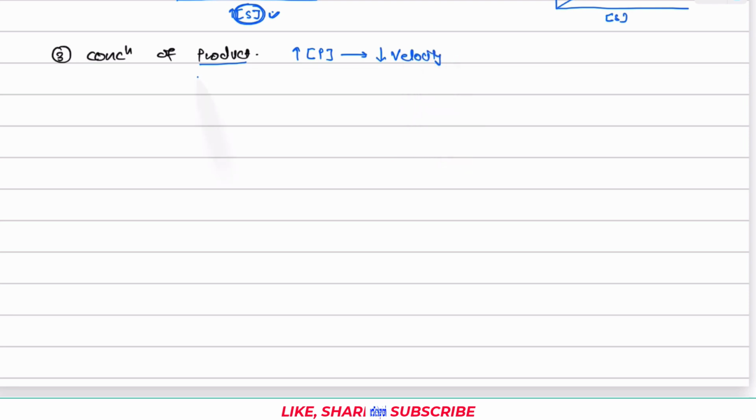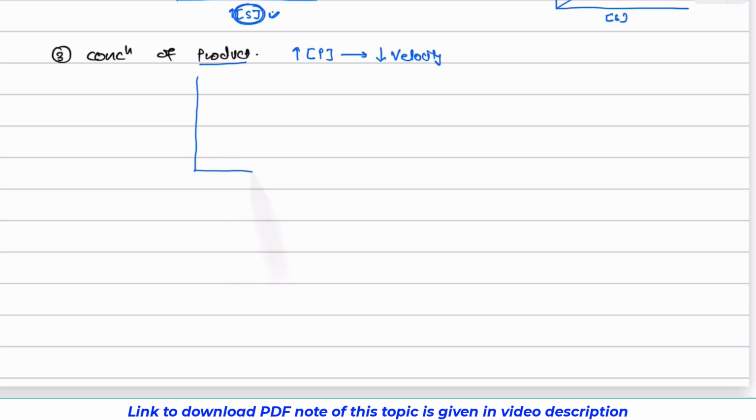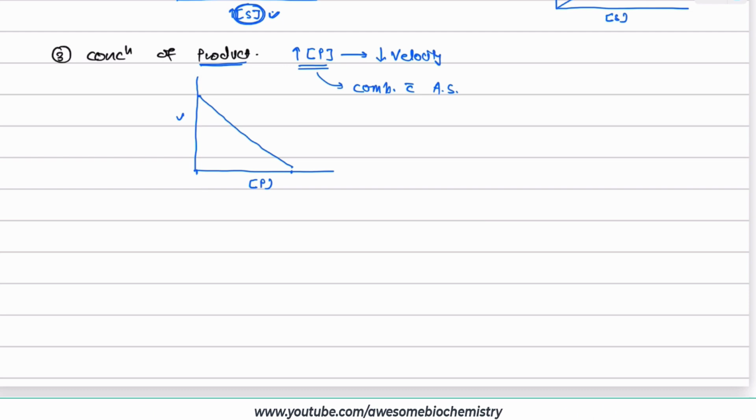If we draw a graph of velocity versus product concentration, then when product concentration is 0, velocity will be the maximum, and when product concentration is high, velocity will be almost near 0. So we show such a graph for concentration of product. Why is it happening? Because when the concentration of product increases, it combines with the active site of the enzyme, and so it leads to a decrease in the enzyme activity.